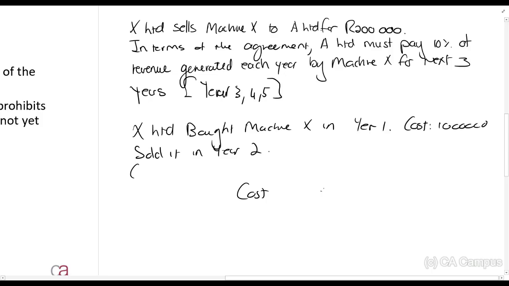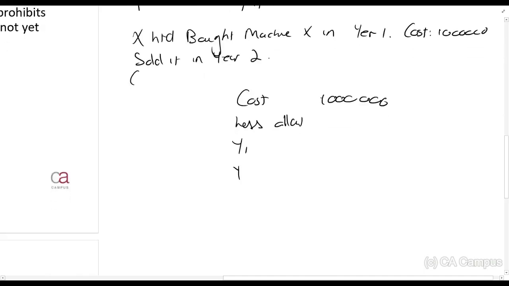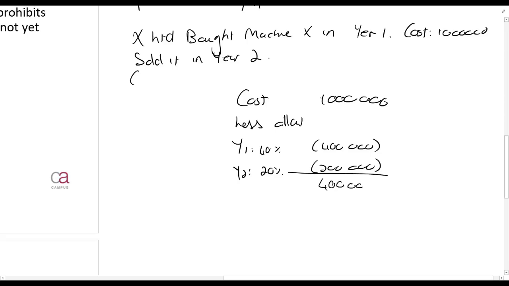Cost is 1 million rands, less allowances. Let's assume it was used in years 1 and 2: year 1, 40% was claimed, and year 2, 20% was claimed. So when you calculate this, the tax value is 400,000 rands.